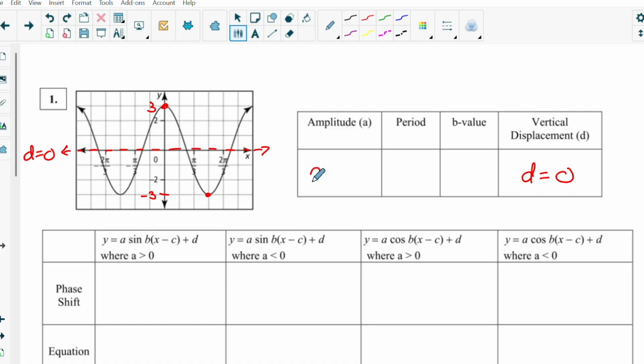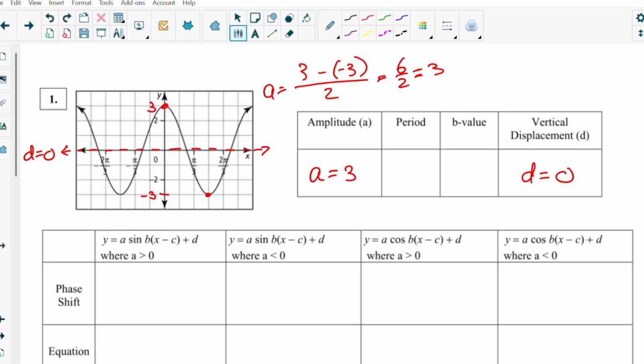So the amplitude is just 3. You can do max minus min divided by 2. That's 6 divided by 2, which equals 3. So my amplitude, or my A value, is 3.